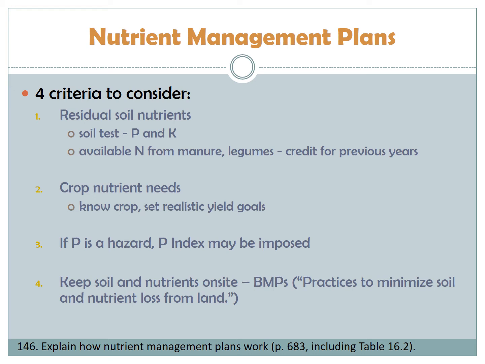We want to keep our soil and nutrients on site utilizing best management practices, which are the practices to minimize soil and nutrient loss from the land. Things like cover crops, filter strips, etc.